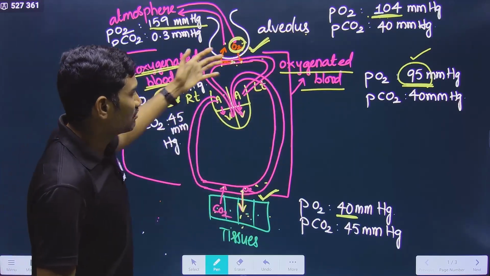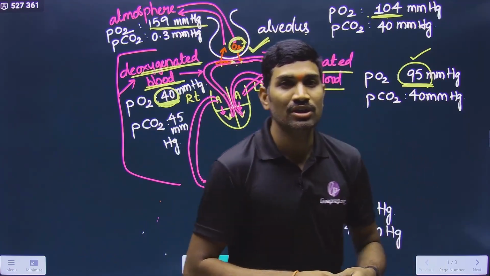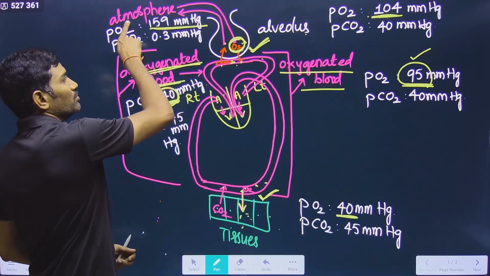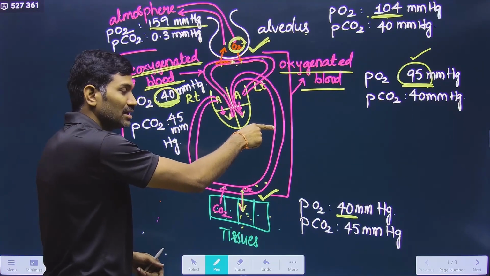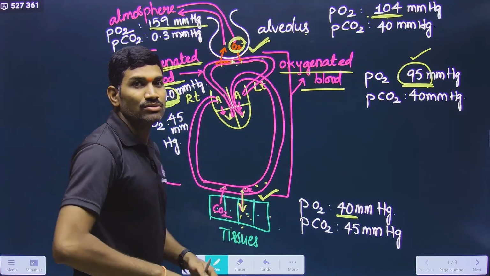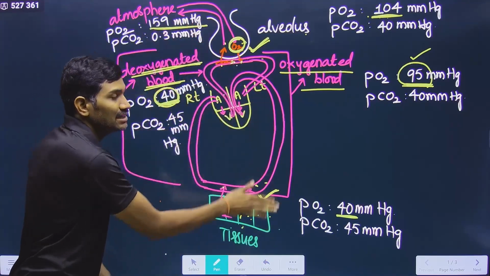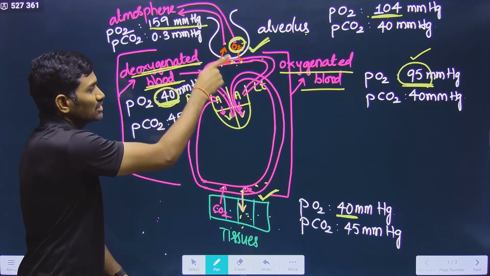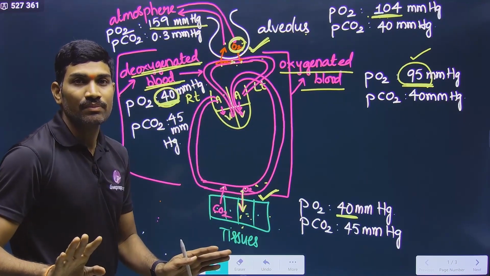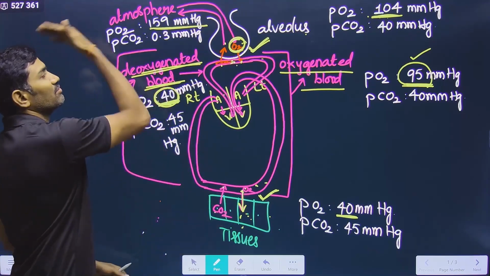In this way, the pressure difference with respect to oxygen is very, very important. From atmosphere to alveoli it decreases, from alveoli to oxygenated blood it decreases, and then again in the tissues it decreases further. So there is a pressure gradient from the atmosphere to the tissues. This is for oxygen. Now for CO2, observe the reverse.